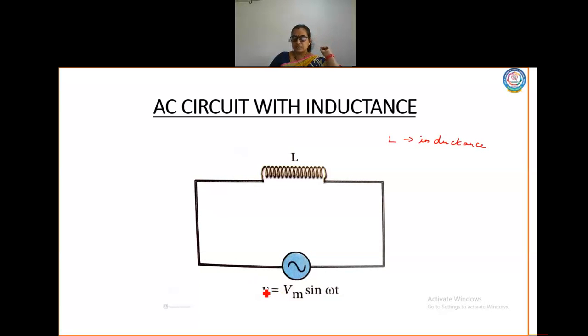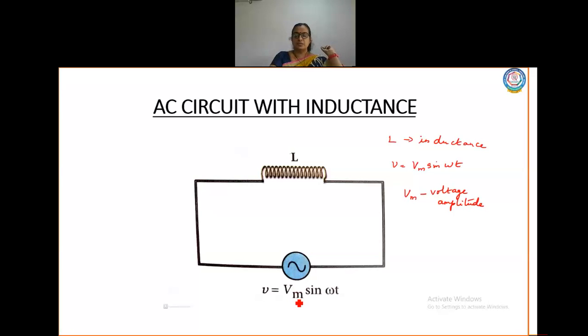Here Vm represents the voltage amplitude, V represents the instantaneous voltage, omega represents the angular frequency and t represents the time. So this equation gives the value of instantaneous voltage, right?